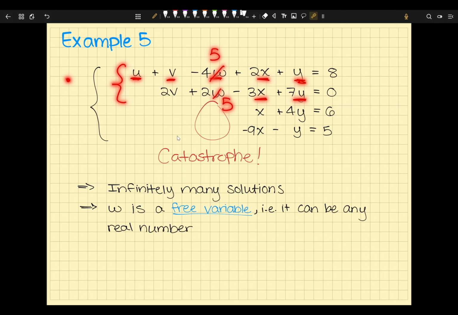And what if I chose a different value? Well, I could choose w to be 10. So now that I've chosen 10 for w, I'm going to solve for u and v again. I'm going to get different values, but the point is, anything we plug in for w will give a different solution for u and v. Meaning, w is what's called a free variable.